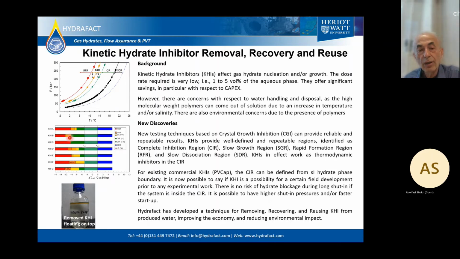So it not only solves the problem with cost and environment, but also it provides an opportunity to use kinetic hydrate inhibitor with MEG.